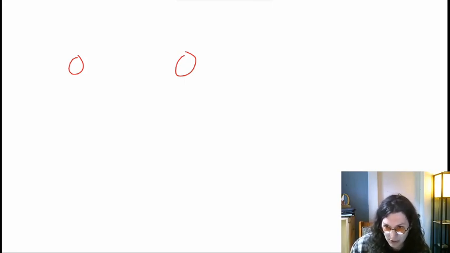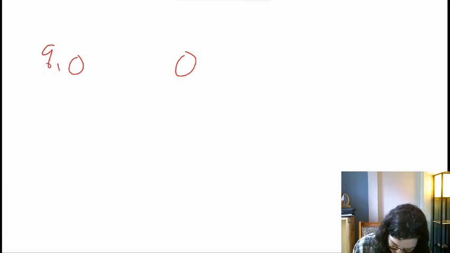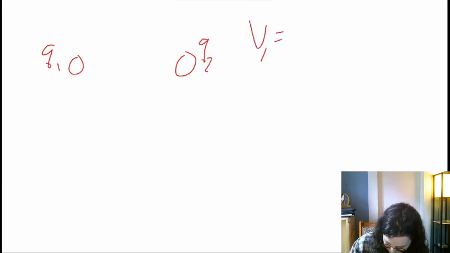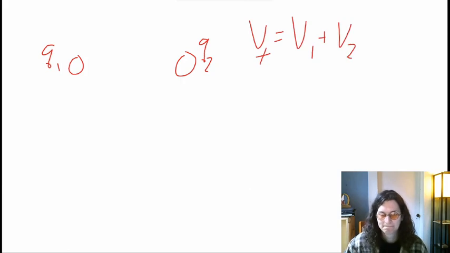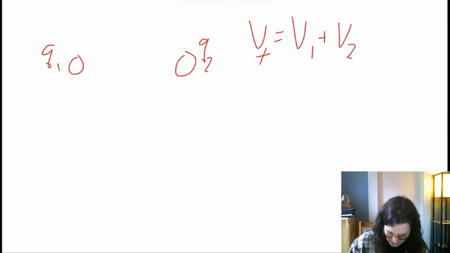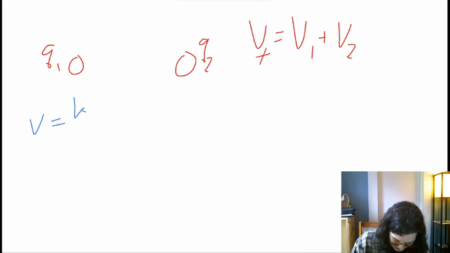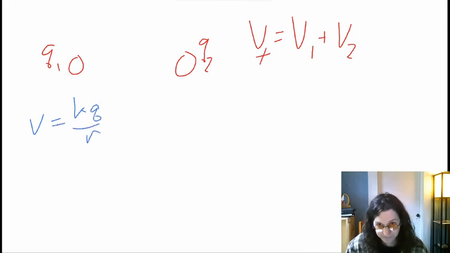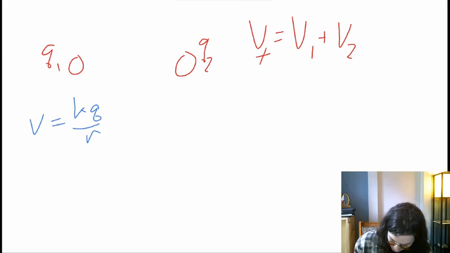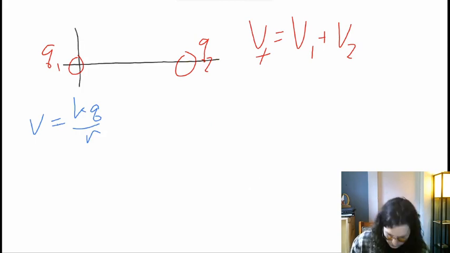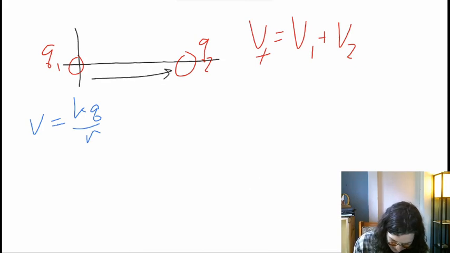So when I have these two particles, which are called Q1 and Q2, if I want to find their total potential, say V sub t for total, it's just V1 plus V2. And the way I calculate potential, as a reminder, is that the potential is just KQ over R. Now the way this problem is set up, we have Q1 at the origin and Q2 at some distance d away.